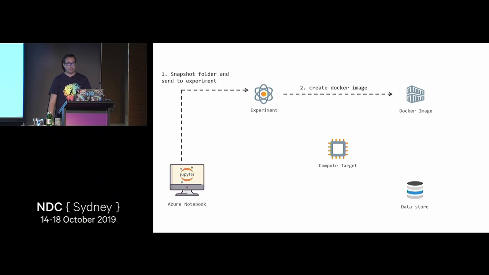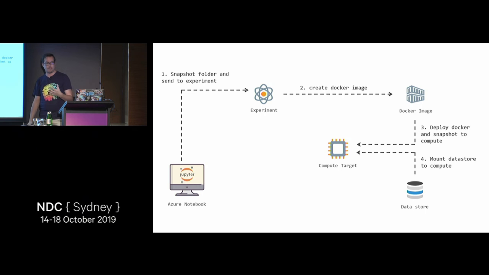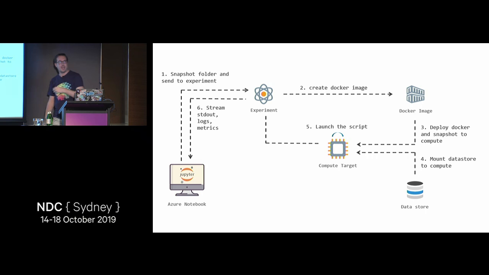So it creates the Docker images, and later on, it deploys those Docker images to my compute target. It mounts the data stores. All those data stores are just accessible as a virtual directory in your Linux. And it launches the training script. Then when the script is running, it will stream back all the outputs first to the experiment.